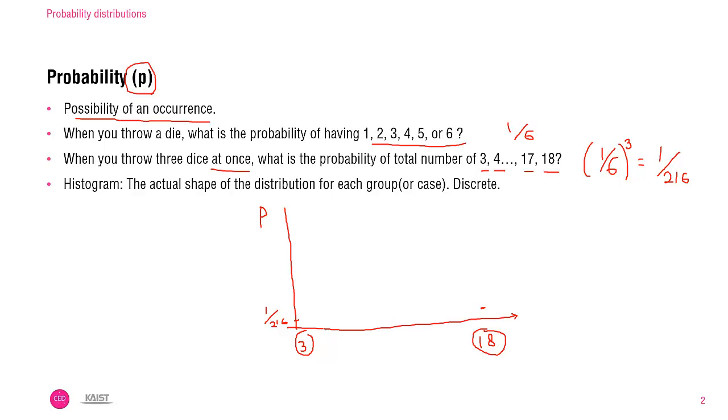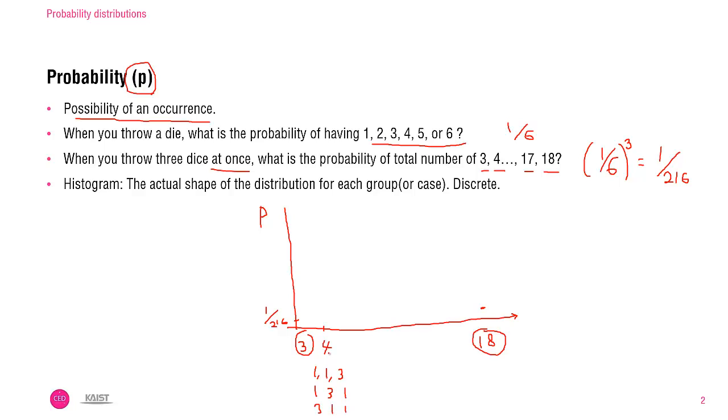But already when you assume that you have a total number of 4, there are more possibilities to have the total number of 4. So 1, 1, 3, or 1, 3, 1, or 3, 1, 1.